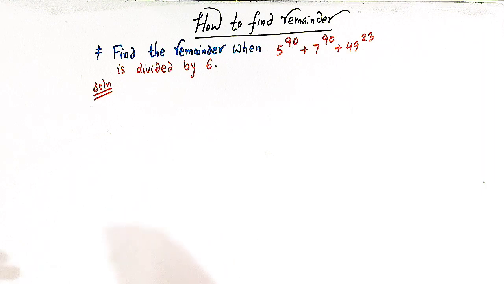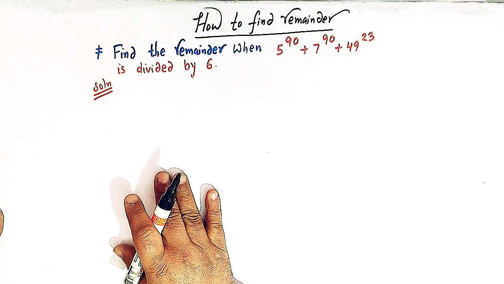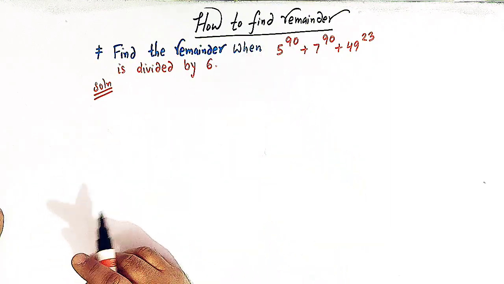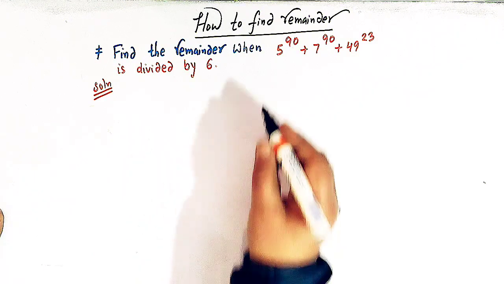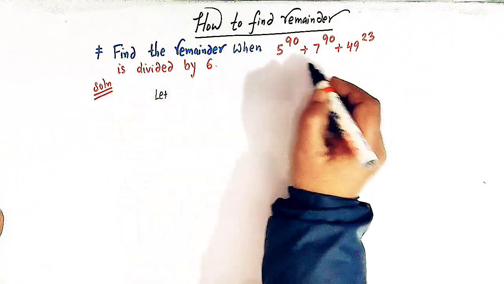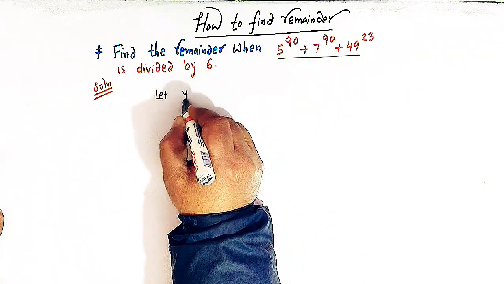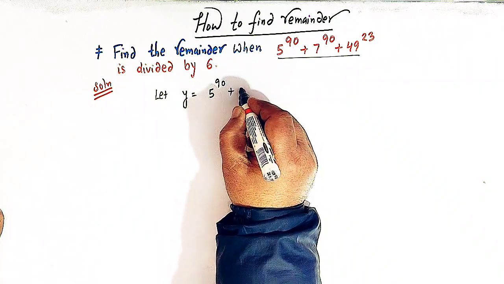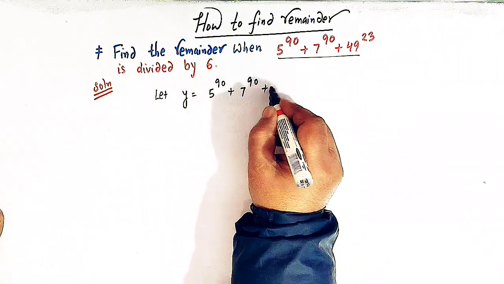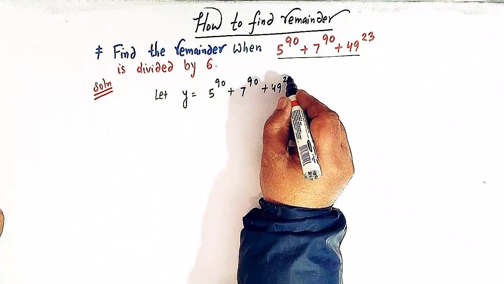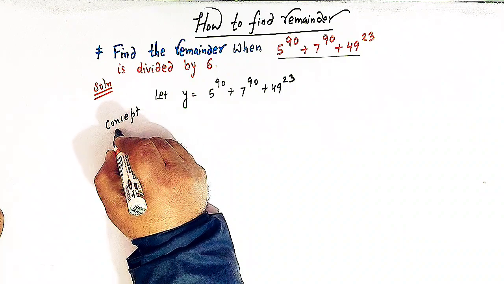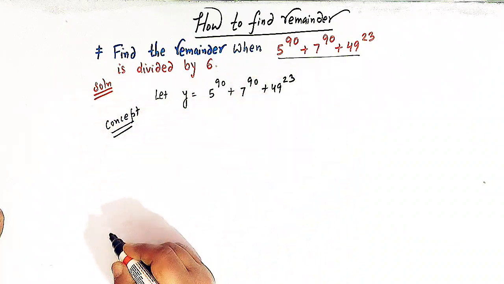Viewers, we have already discussed the concept of how to solve these kinds of problems. Let us revisit the concepts again, and let us first take this number as y. So y can be written as 5 raised to 90 plus 7 raised to 90 plus 49 raised to 23. Now let us quickly see the concept used to solve these types of problems.